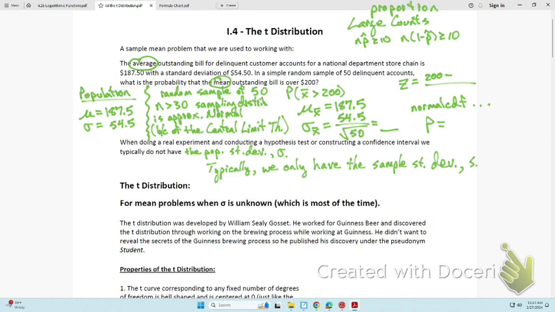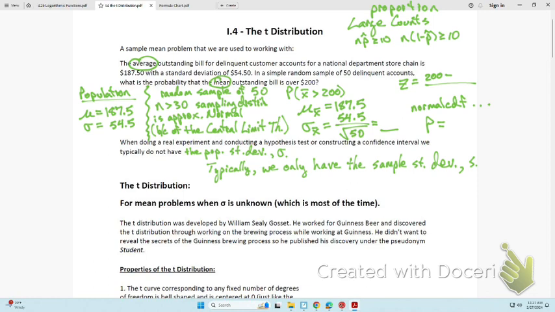According to what we're about to talk about, we're not allowed to use Z if we only have S, because S is really variable. Sample to sample to sample, it's going to be different. It's not 100% accurate. Because if I take another sample of 50, it's probably not going to be 54.5.